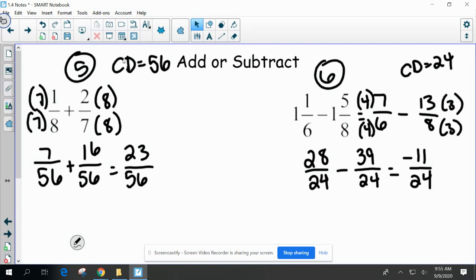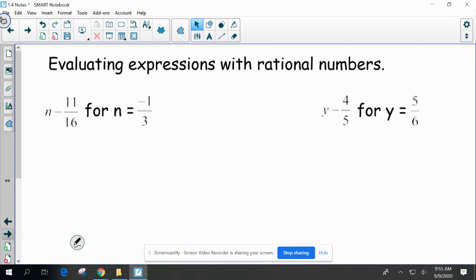Okay, so for number 7 and 8, we're going to substitute first and then go through a problem like this. So we are evaluating n minus 11/16 for n equals -1/3.